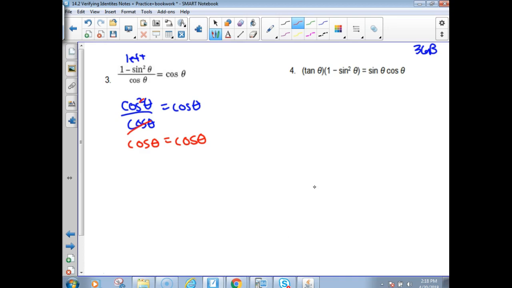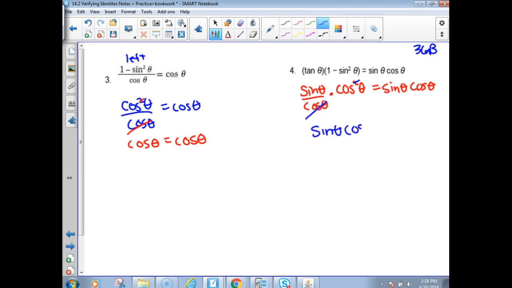All right, number 4. It's not really that bad. Let's trade tangent for sine theta over cosine theta. Let's trade 1 minus the sine squared for cosine squared. We can cancel out one of the cosines, and we're done.